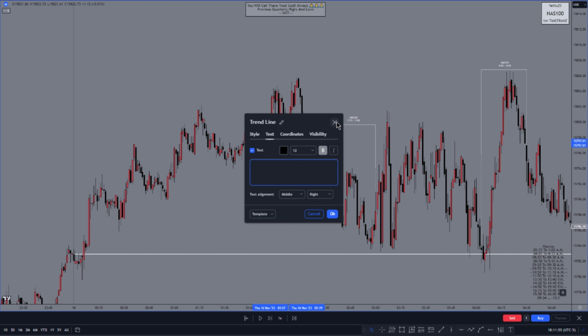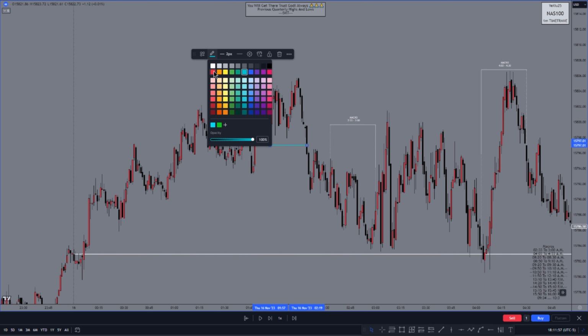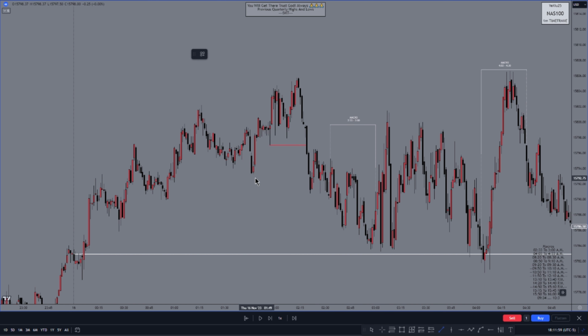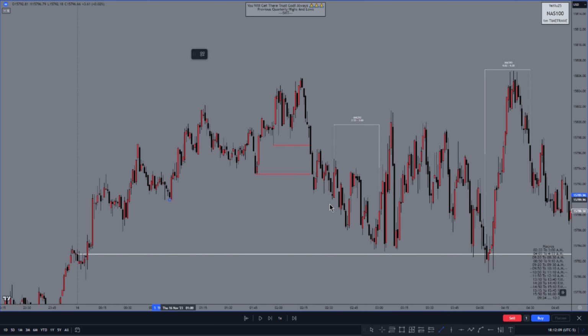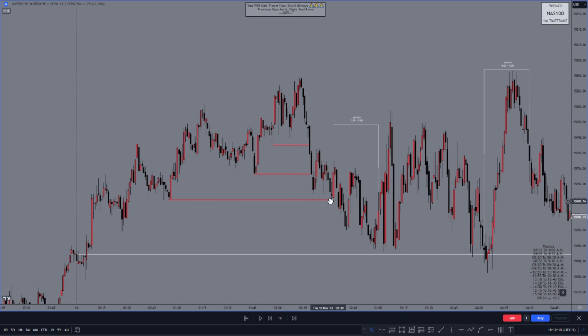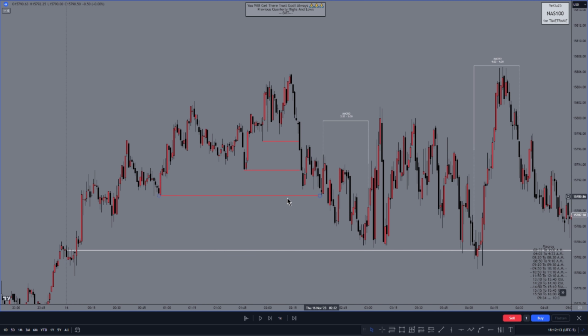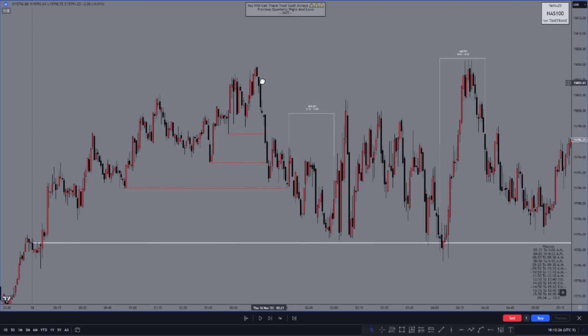Let me change that color. We have sell side liquidity, as you can see. It's lagging because I'm rendering a video, but I try my best. So this is accumulation. So this macro 1:20 to 1:40 and 1:50 to 2:10 is a macro that accumulates orders. Okay, you don't trade that.